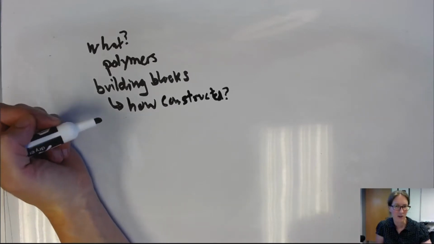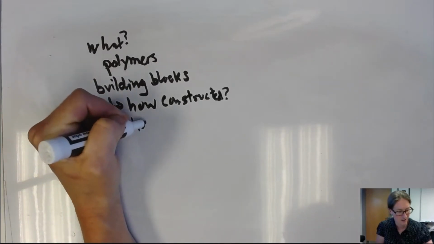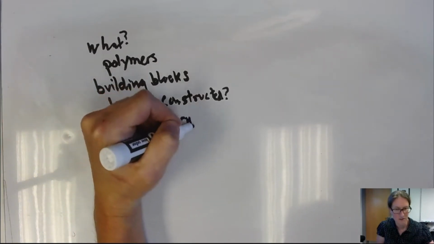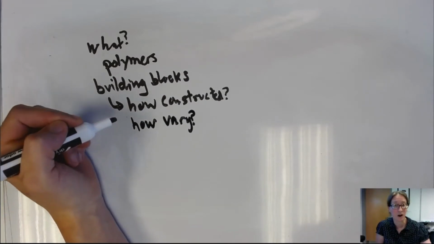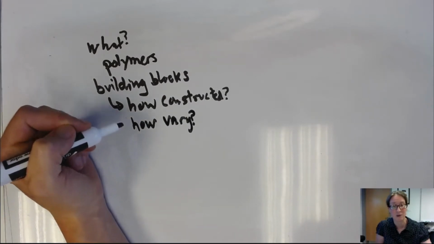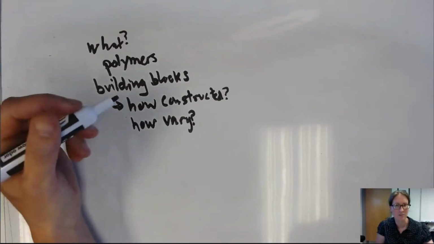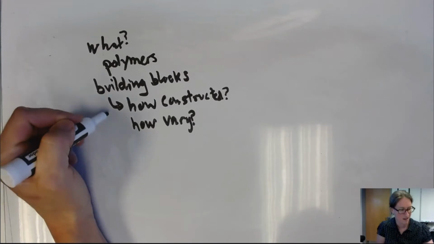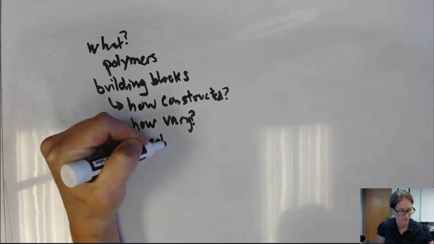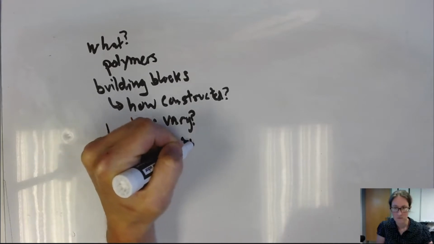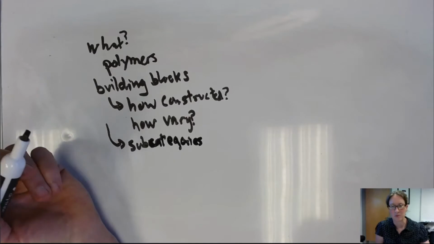But along with knowing how they're constructed, there's kind of the inverse of that, which is how do they vary? So it's that variation that creates a possibility for a wide range of uses for each type of polymer. And in some cases, we're also going to encounter some special subcategories within a given type of polymer, and we're going to cross that bridge when we come to it.